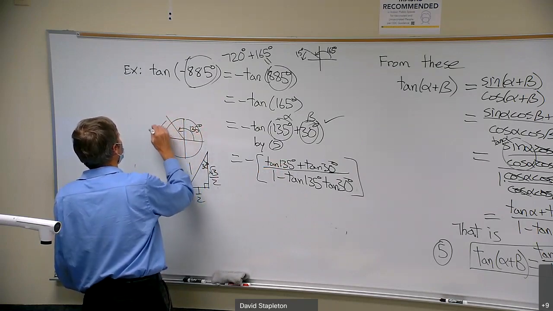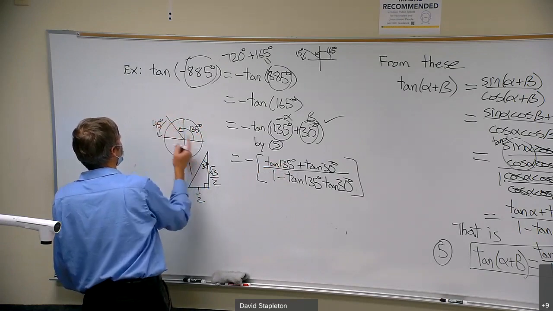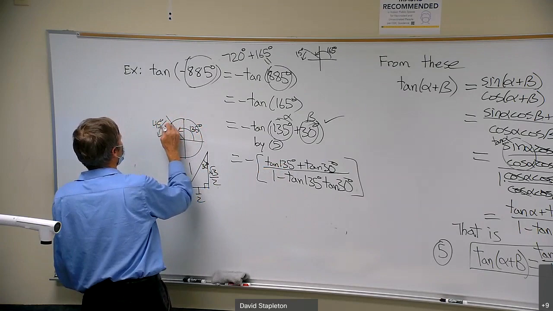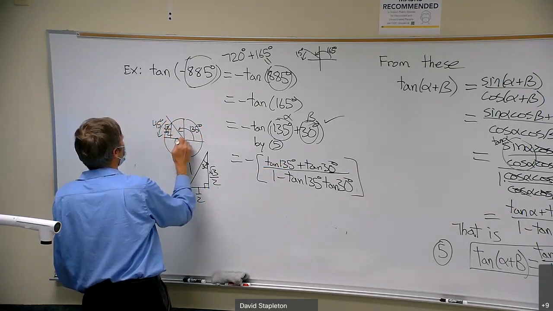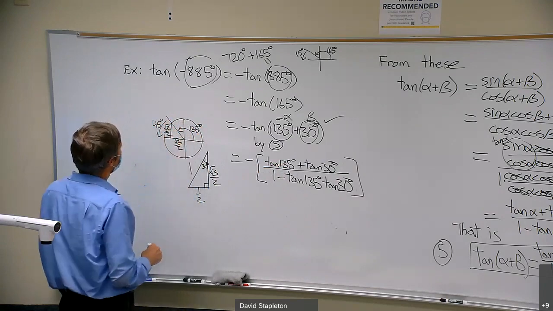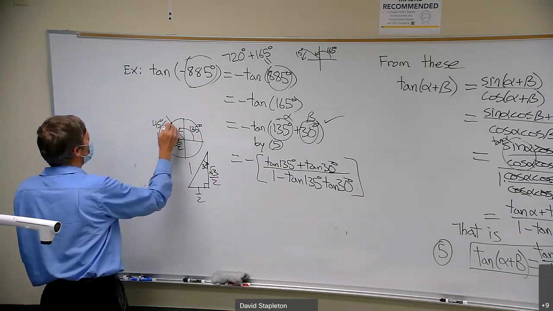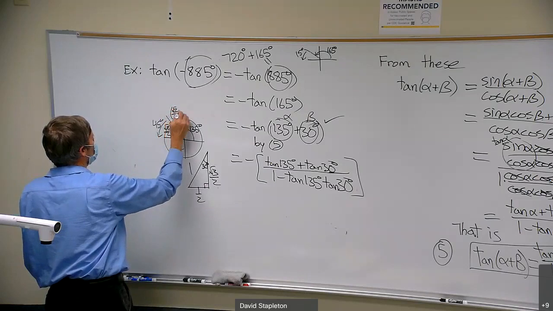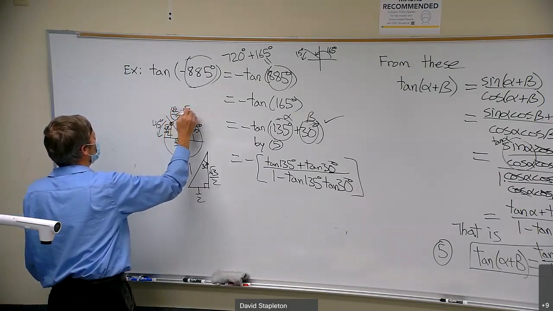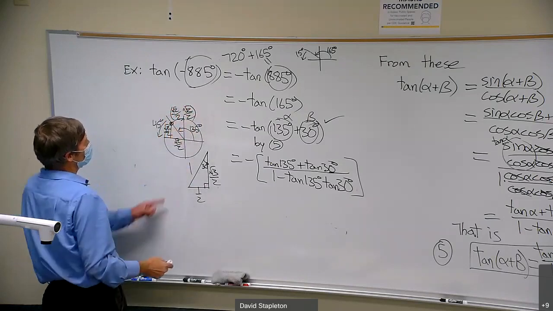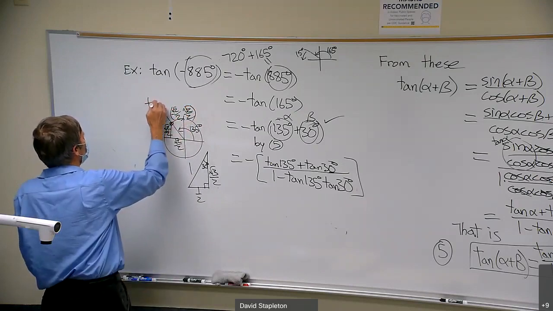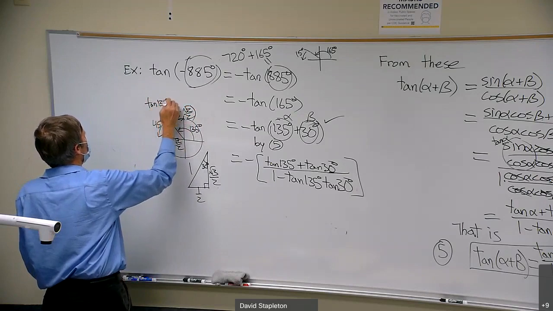That leaves an angle of 45 degrees to add up to 180. They're supplementary. Drop the perpendicular and figure out the coordinates of the point. Well, the cosine and sine are evidently minus √2/2 and plus √2/2 because I'm going left and up. Tangent is y/x, which is -1. Tangent 135 is the quotient y/x.